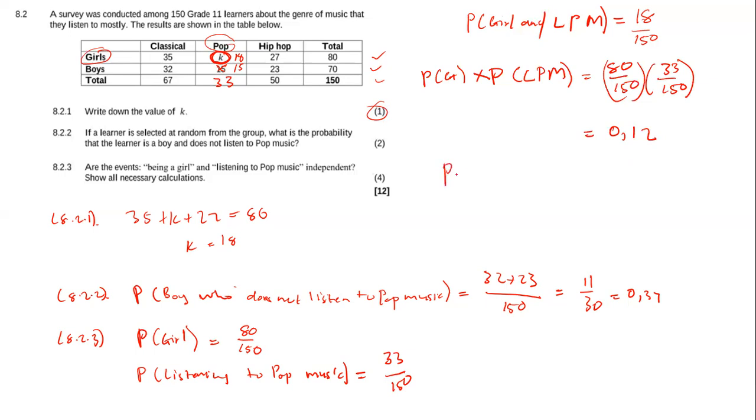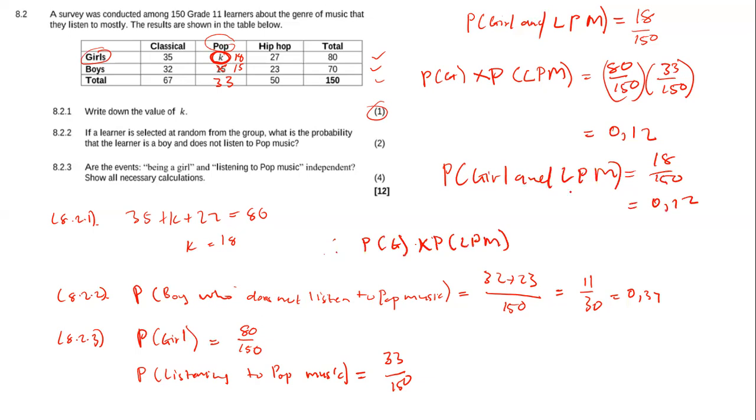But then what is the probability of girl and listening to pop music? We said it's 18 over 150. Now, when we punch this on our calculator to convert it into decimal, 18 divided by 150, we get 0.12. So this is 0.12. Now we can see that the probability of a girl multiplied by the probability of listening to pop music is actually equal to the probability of a girl and listening to pop music.